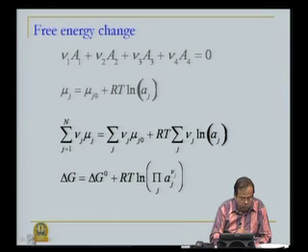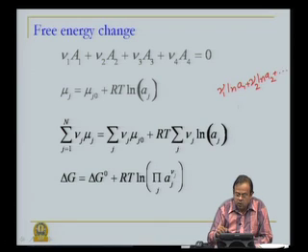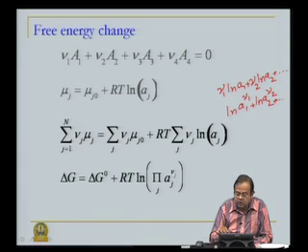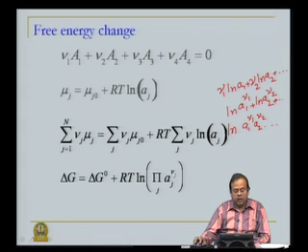All we are trying to do here is take nu 1 ln A1 plus nu 2 ln A2 and so on. This I can write as ln A1 raised to nu 1 plus ln A2 raised to nu 2 and so on, which is nothing but ln of A1 to the nu 1 into A2 to the nu 2 and so on, and that is nothing but this product term.